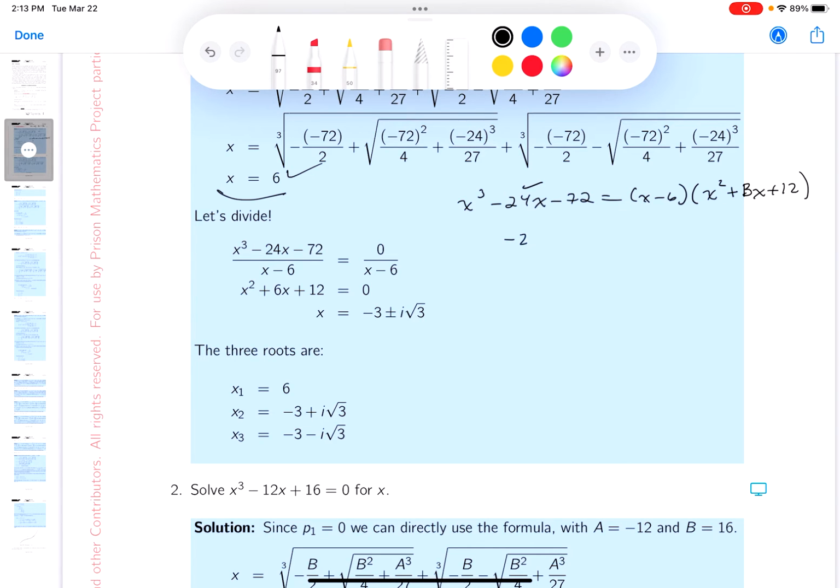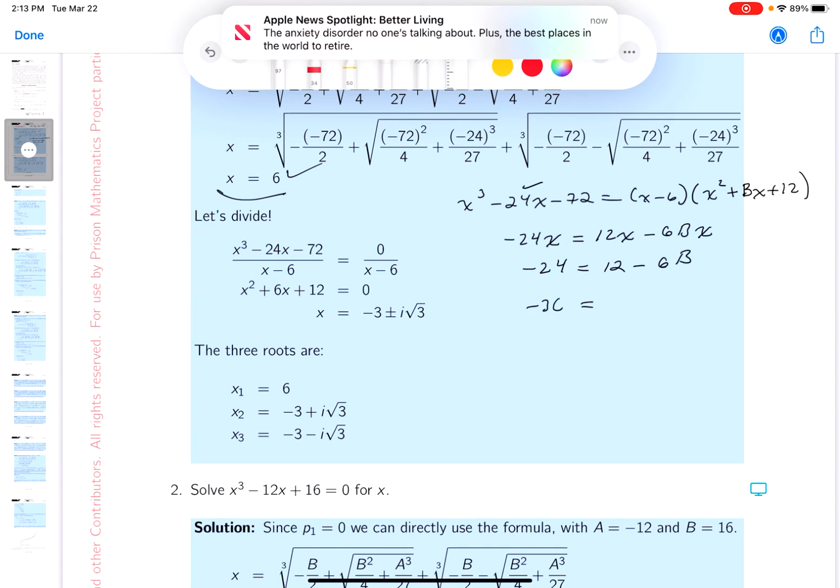So minus 24x would equal, let's see, 12x. I'm looking for the combinations that give me x, by the way. Minus 6bx. That means minus 24 is equal to 12 minus 6b. And what do you get there? Minus 36 is minus 6b. That means b is minus 6.